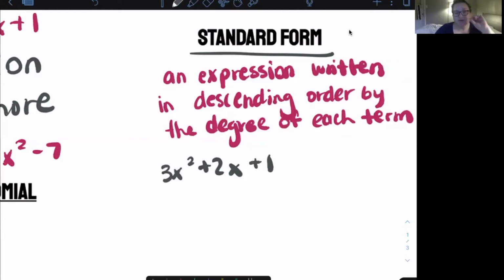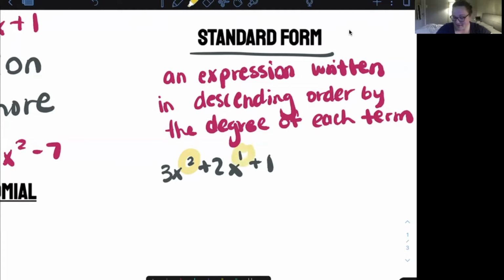When I talk about the degree of each term, I'm talking about the exponent. The exponent of 3x squared is the 2, so x is being taken to the second power. So we put the x squared term first. Then for the 2x term, its degree would technically be 1. The exponent of this x is 1. So then 2, 1.